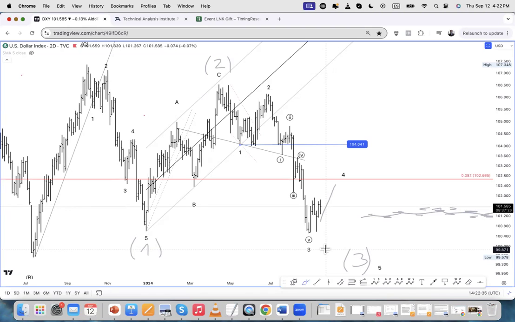And when we have those confirmations in counts, where we have 2 counts that are seeing things in opposite ways, because if we see this as an A, B, C, it means that the correction is to the downside, meaning that the trend is up. But if we see this as a 5, 3, 5, then we're looking at a trend as down.